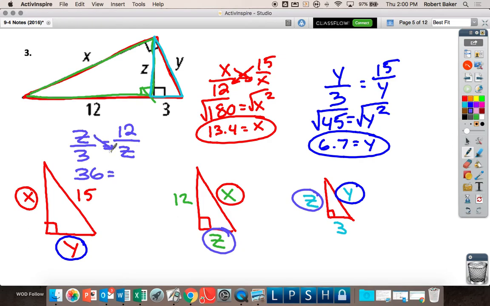Z times z. How do you undo z squared? Taking the square root. Square root of 36, 6 equals z.